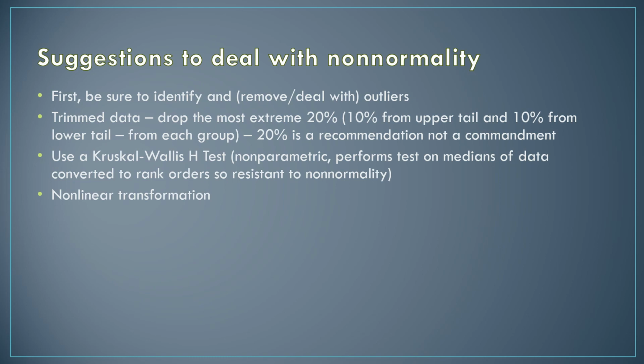The problem with all of these suggestions, not so much removing outliers, is in the reporting and in the interpretation. You have to report any of the things that you do to try and fix a problem with normality of errors. And especially if you do a transformation of some sort, now your values are not the same units as they were prior, and so trying to interpret becomes a little bit more difficult.